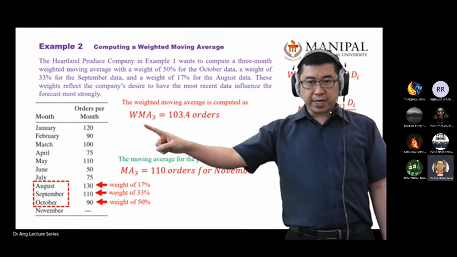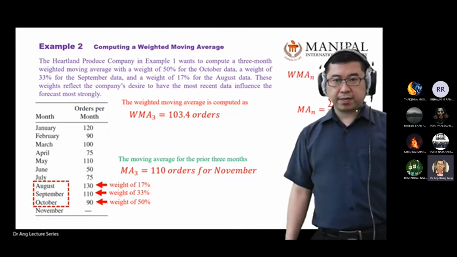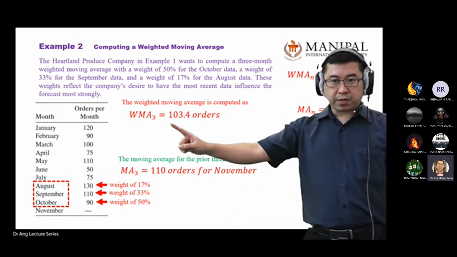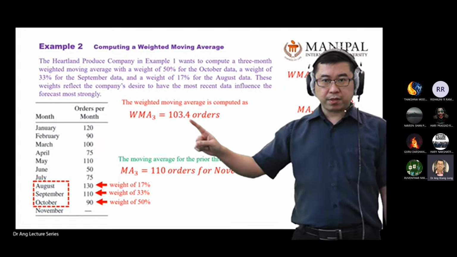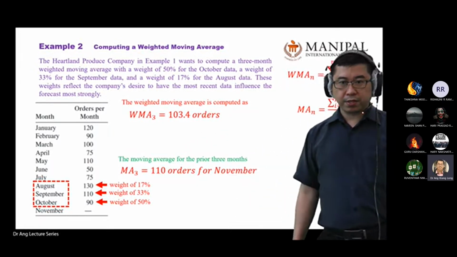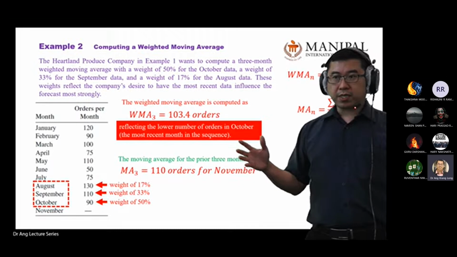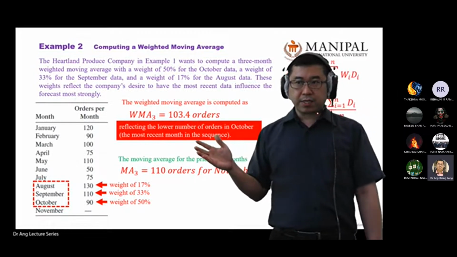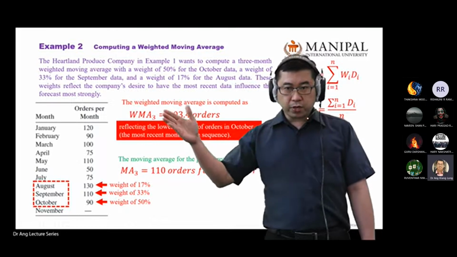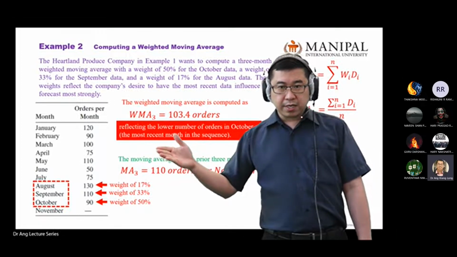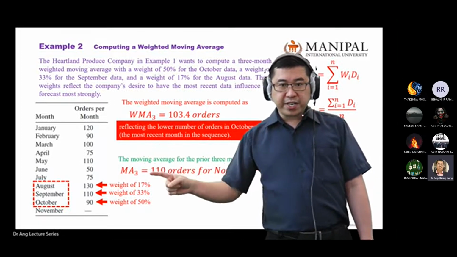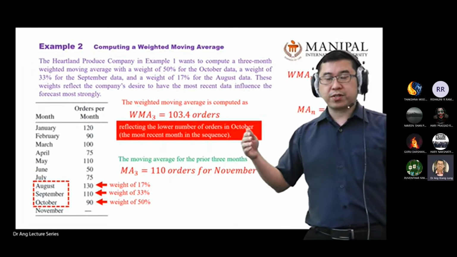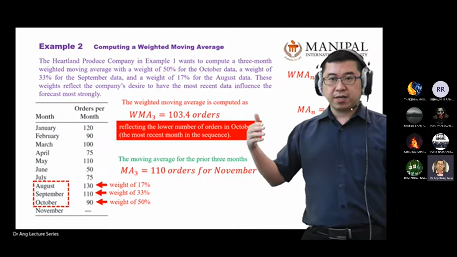However, after you did analysis using the weighted constant values, it reduced to 103.4 orders. Okay, so it tells you that when you use weighted, it gets much nearer to your most recent data.